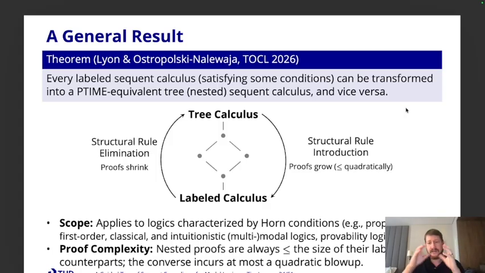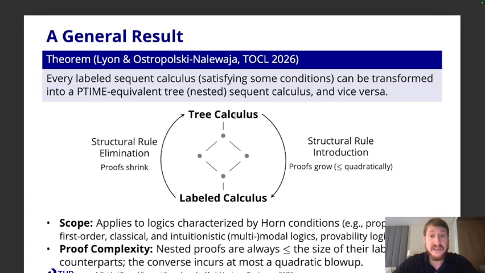And the way that we show this theorem is essentially as follows. We show that every labeled sequent calculus and tree sequent calculus can be thought of as a type of algebra that operates over colored graphs or colored trees, and that each of these algebras or calculi can be transformed into a lattice of p-time equivalent algebras or calculi. We recognize in this paper that the bottom elements of lattices can be thought of as labeled sequent systems, and the top elements of lattices can be thought of as nested or tree sequent calculi.